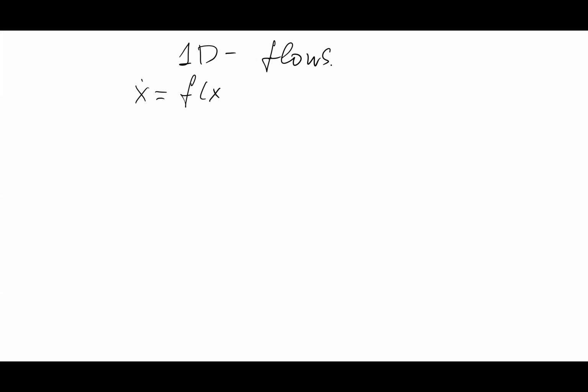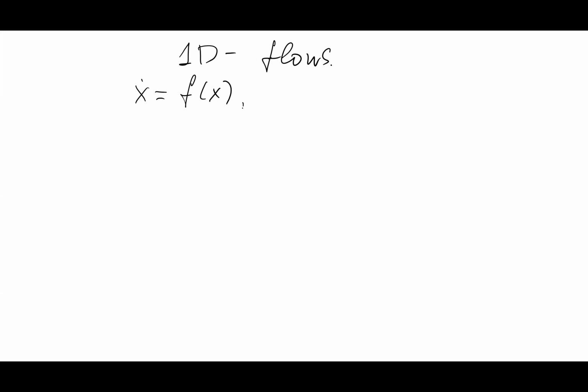In this video, I will summarize what we learned about one-dimensional flows. So we considered autonomous one-dimensional flow, which is described like this: x dot equals f of x.